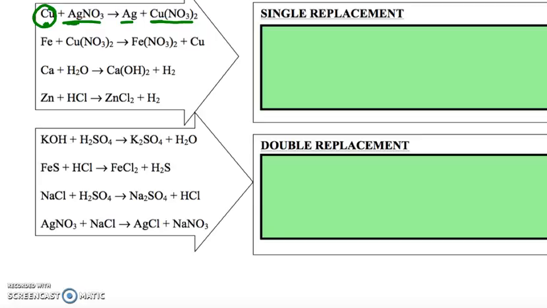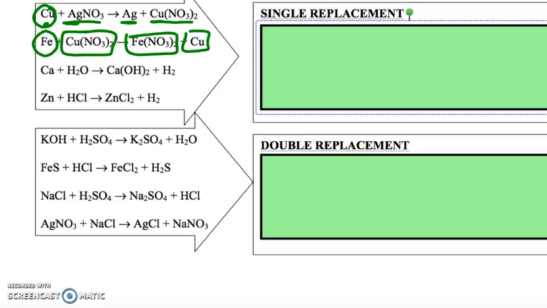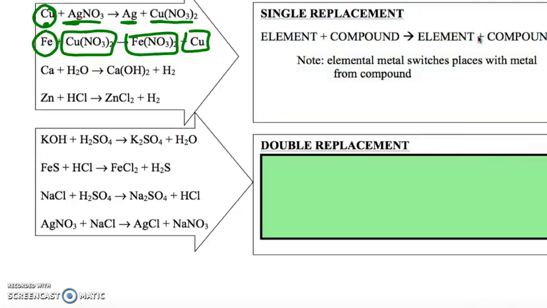And the silver that was originally in a compound is now all by itself. So you're looking for an element and a compound turning into a compound and an element. That is the hallmark of a single replacement. Sometimes nonmetals can also switch, depending on what the chemical reaction is.